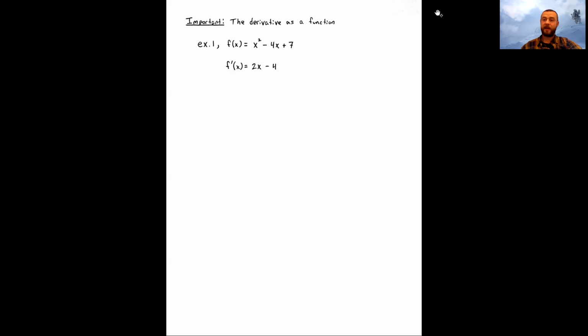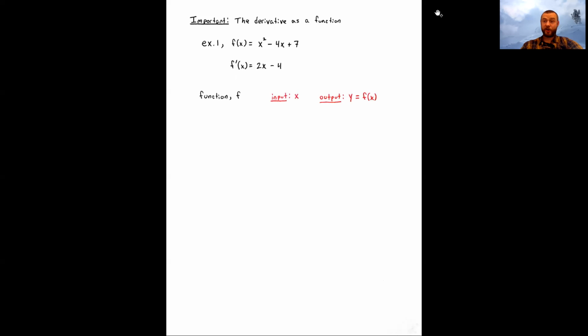We had the function f of x equals x squared minus 4x plus 7. And we calculated within example 1 the derivative f prime as 2x minus 4. That was by using our limit definition of the derivative. All right, well, let's first interpret the function f as a function, which sounds weird, but something about input and output.